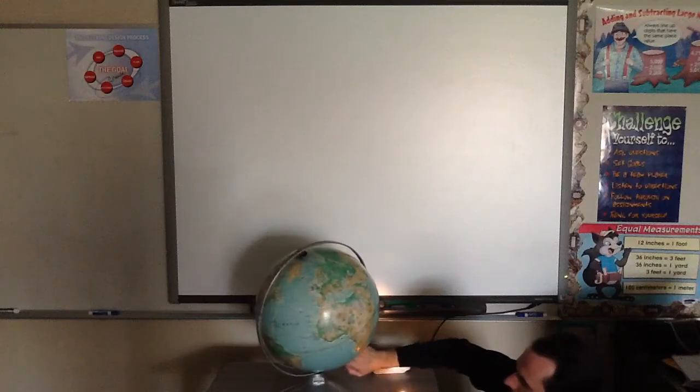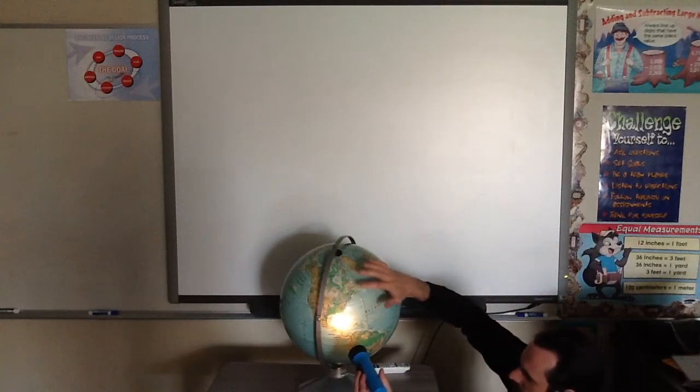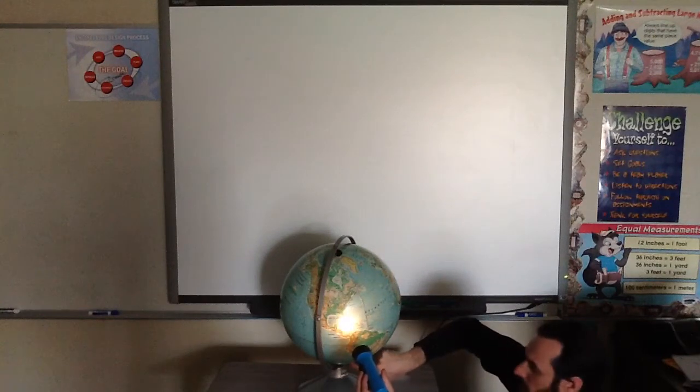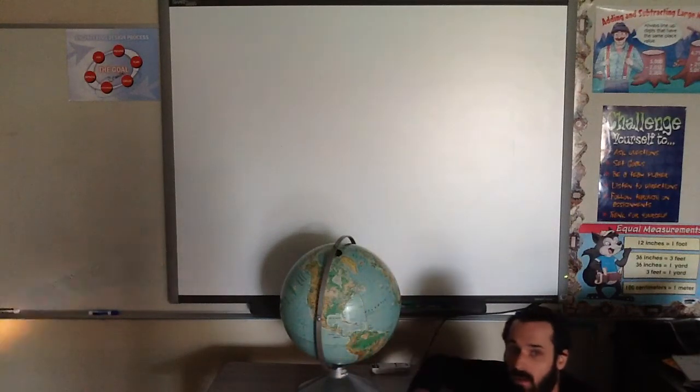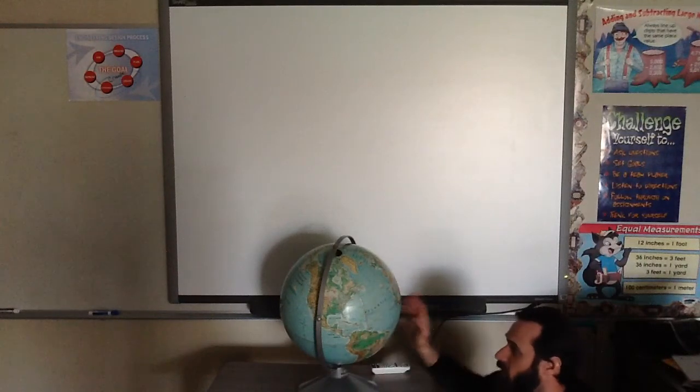So think about if the sun is shining up here on the Tropic of Cancer, it's way far away from this part of South America down here. So it could be cold down there in winter, but it's summer here.